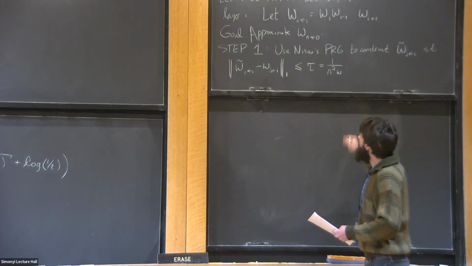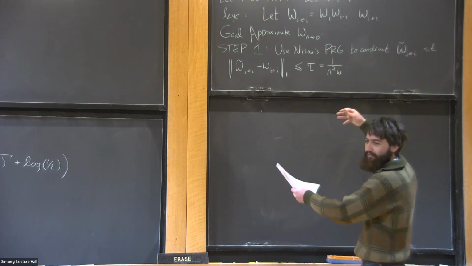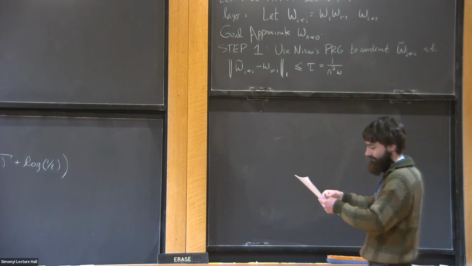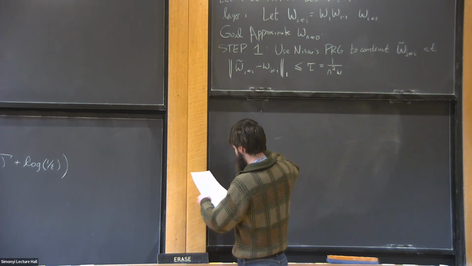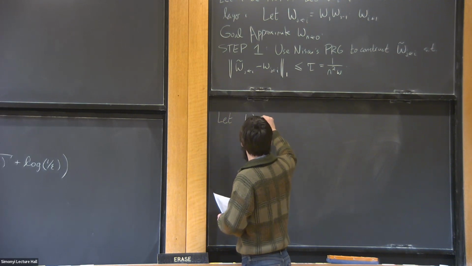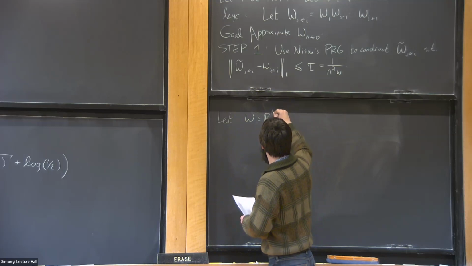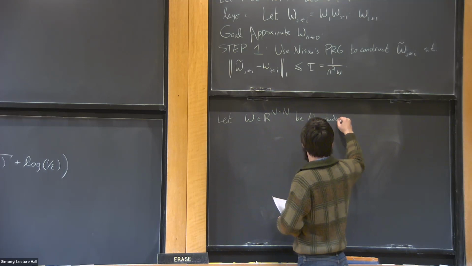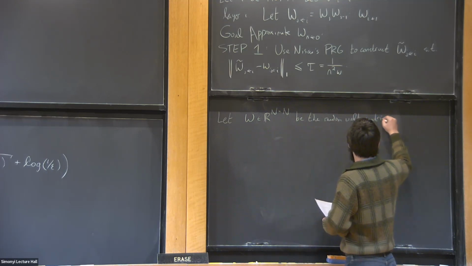Okay, now it turns out that to decrease the error, it's helpful to collect all of these W by W matrices into one big matrix. Okay, so now we're moving to, let W be the random walk matrix of the entire program.